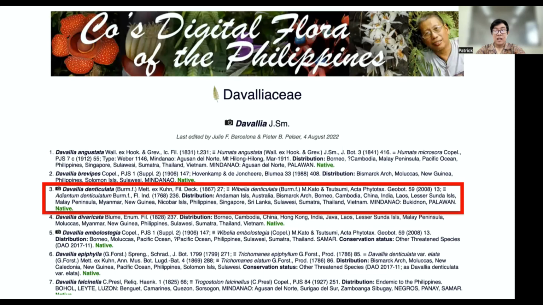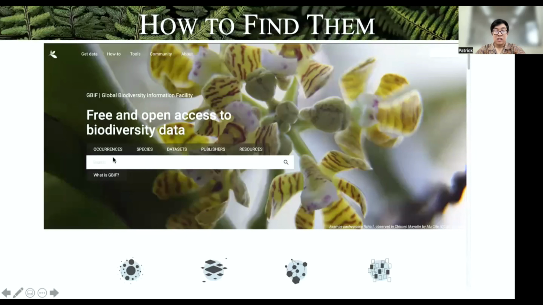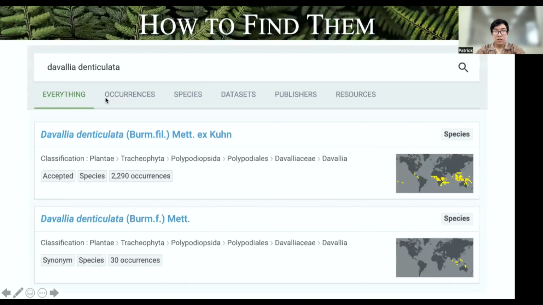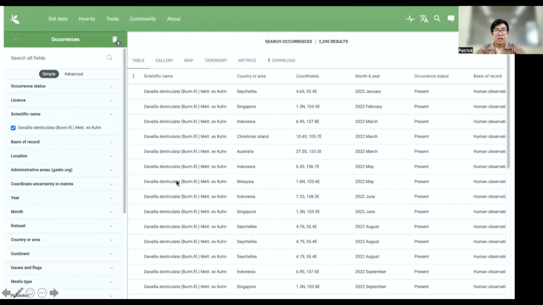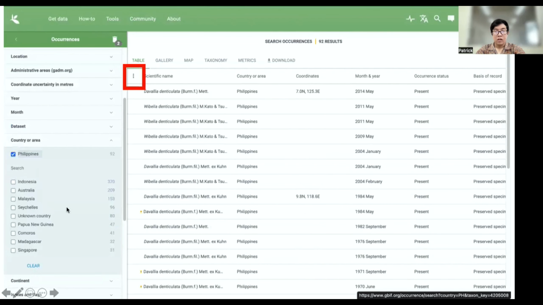So we go to the next venue, which is the Global Biodiversity Information Facility, the GBIF. This is the web page of the GBIF. You may search your species in question, then click occurrences. Specify the country or area as Philippines if you are in the Philippines.